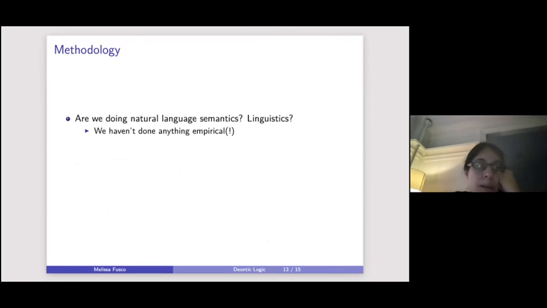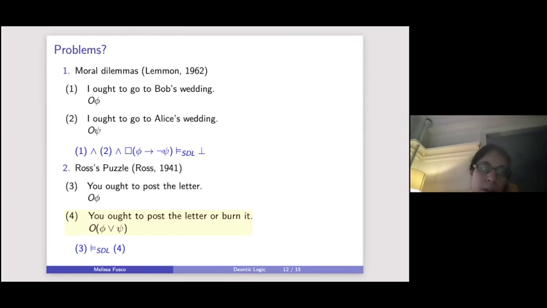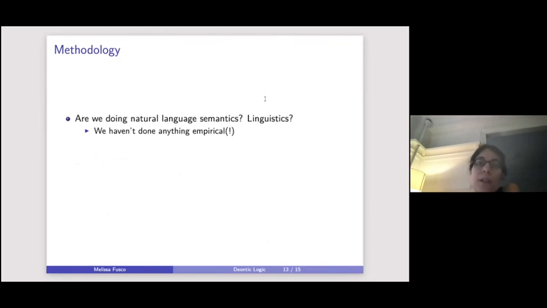A lot of people think deontic logic makes contact with natural language semantics. And so you might ask, if we're interrogating our intuitions about sentences like "you ought to post the letter or burn it," and why the meaning of that is not adequately captured by this modal formula, that we're doing natural language semantics more as a branch of linguistics, something empirical.